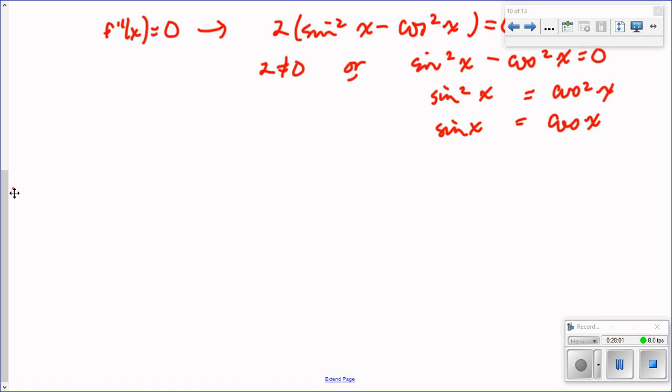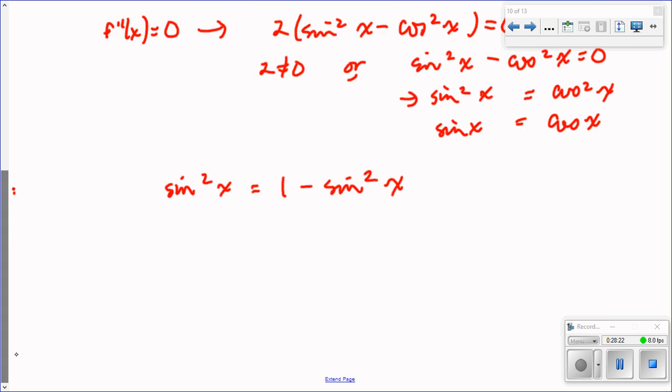Well, I only have a couple of different types of situations I can solve this for. I'm going to backtrack before I take the square root of both sides, go up to here, and make a substitution for cos squared x. The substitution for cos squared x gives 1 minus sine squared x.